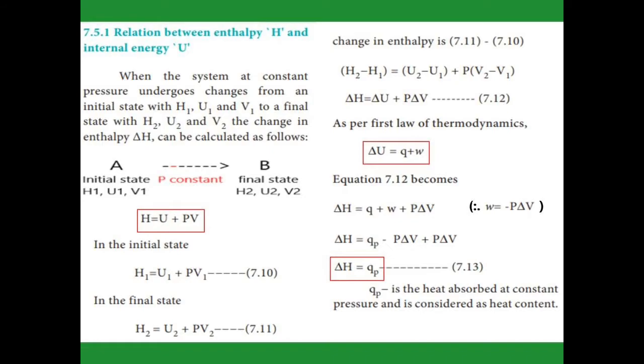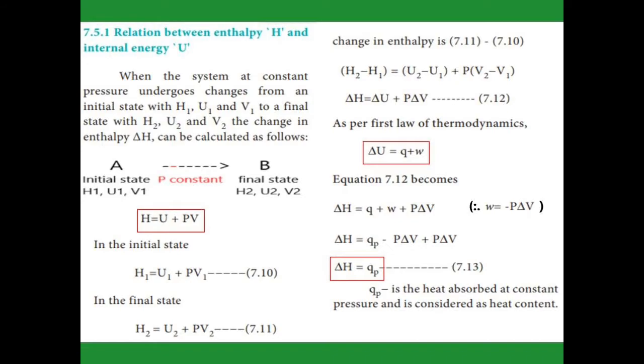And then we already know that from the first law of thermodynamics, the change in internal energy is Q plus W. Apply this in equation 7.12. Write the equation: delta H is equal to, instead of the delta U value, Q plus W we are putting, and then P into delta V from equation 7.12. Here W is the pressure volume work.